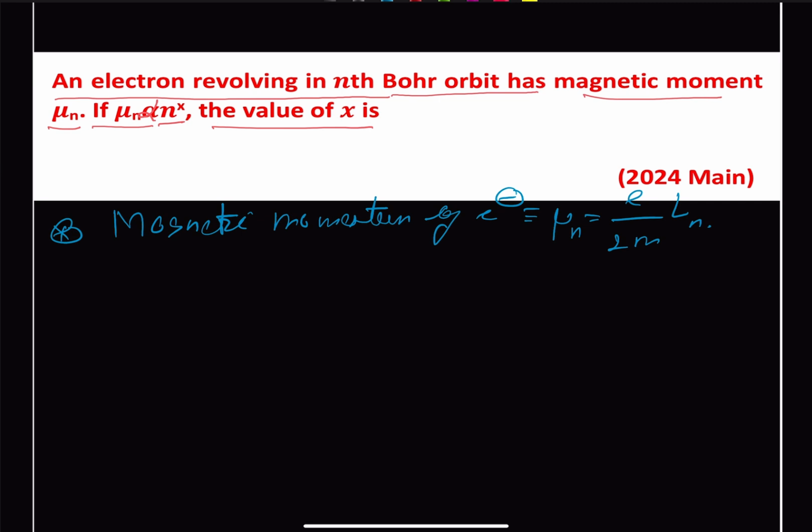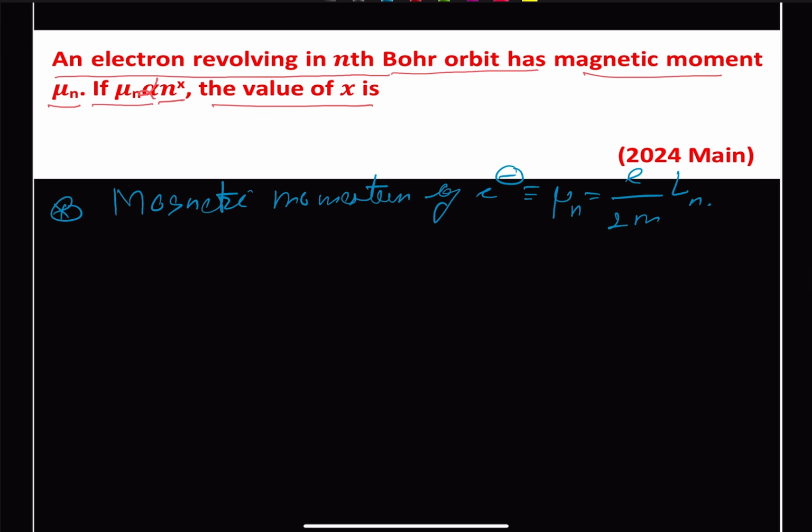Here our L is our angular momentum of the nth orbit. e and m are the charge as well as the mass respectively. So we can say our L of n is the angular momentum of the nth orbit.